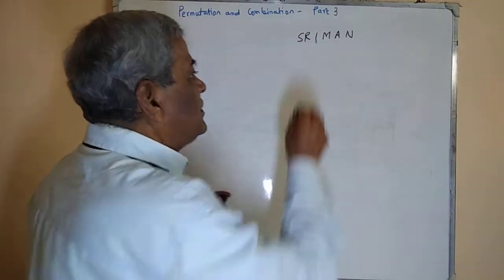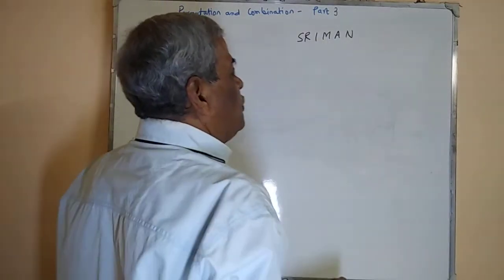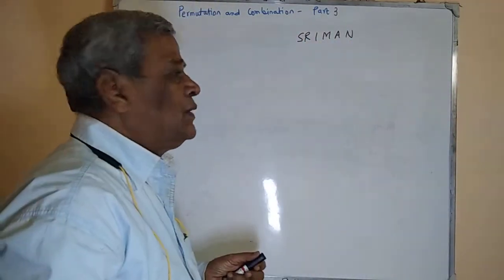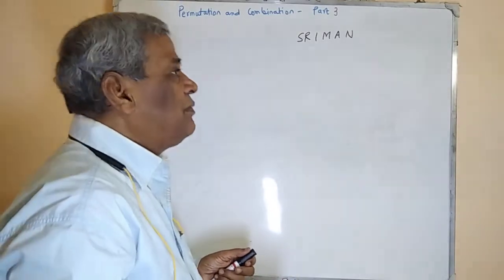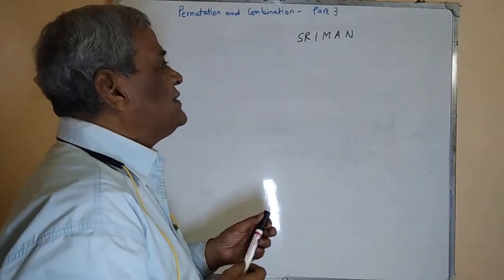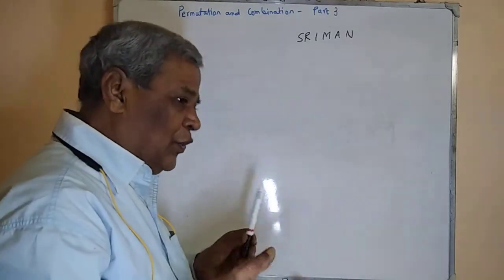The problem is we have to take all letters of this word together at a time, each once only, and the condition is that vowels will not be together.